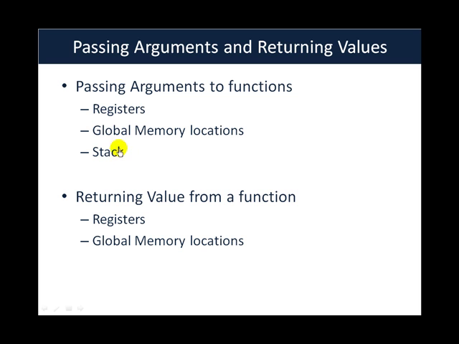And finally, you can pass arguments over the stack. As far as returning values is concerned, once again you can return the values in registers or in global memory locations. Now let's look at a very simple example of how to write a function which is going to print a string onto the stdout.